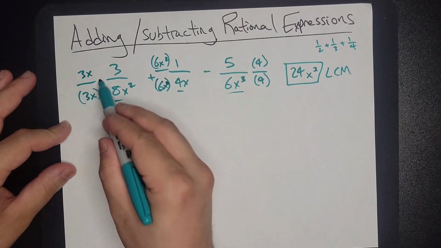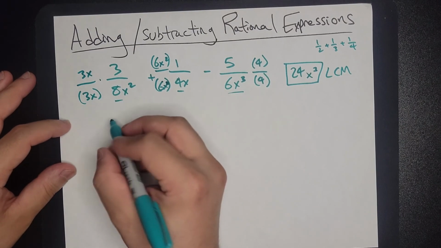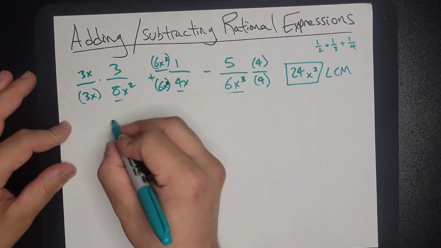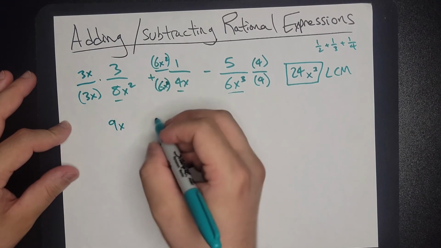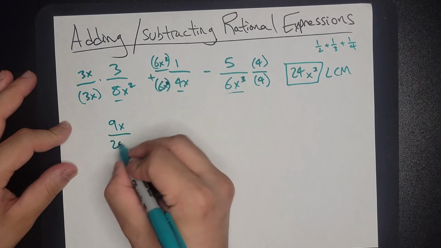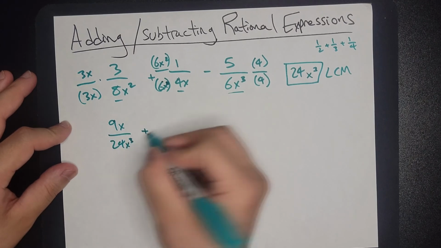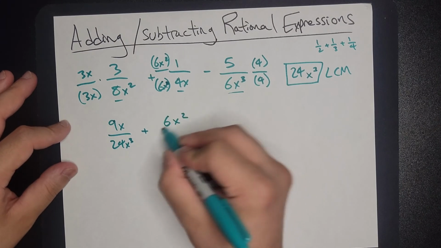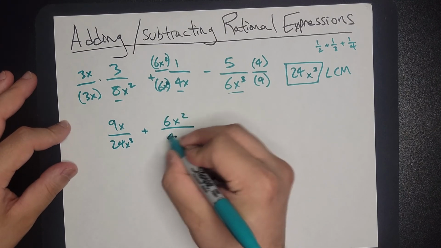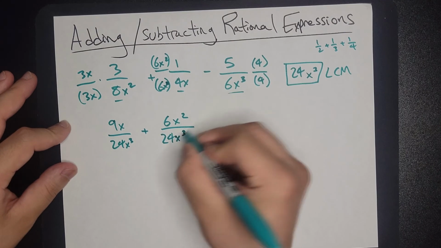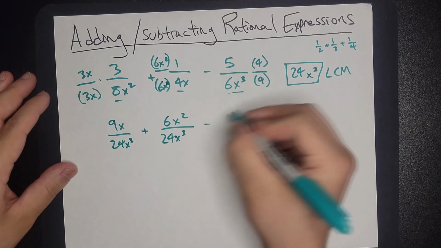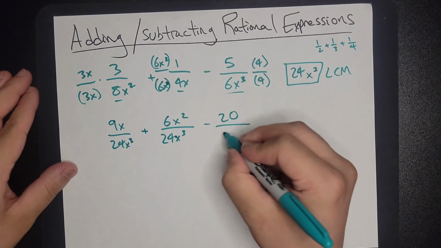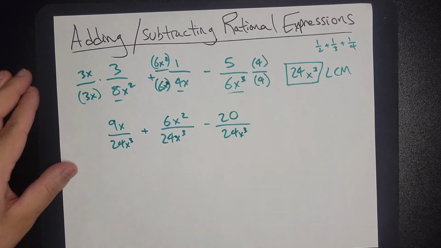So when this multiplies by that, I should get 9x over 24x cubed plus 6x squared over 24x cubed minus 20 over 24x cubed.